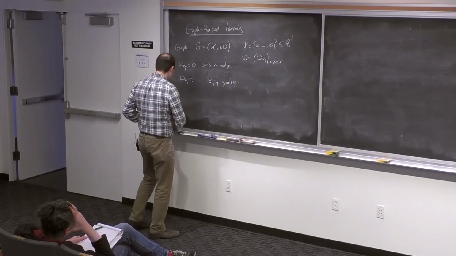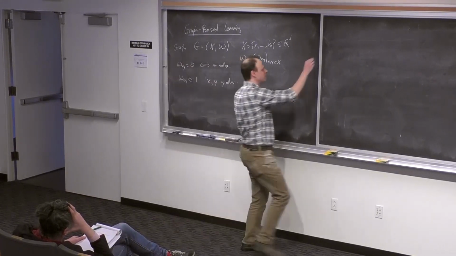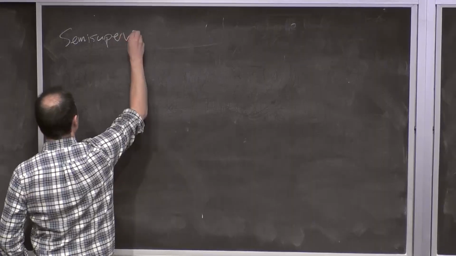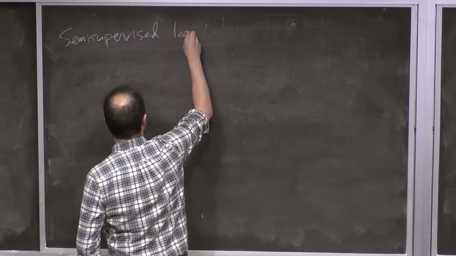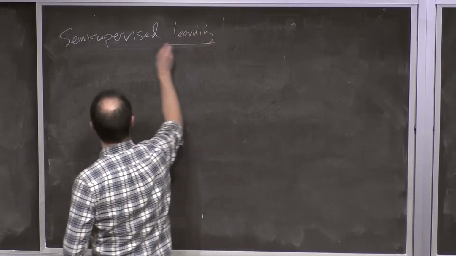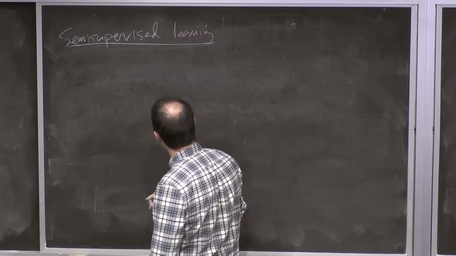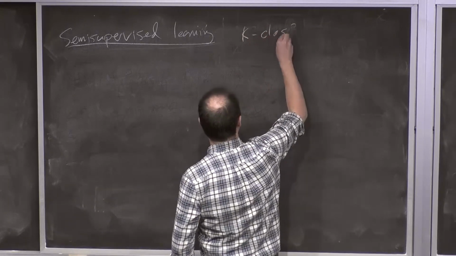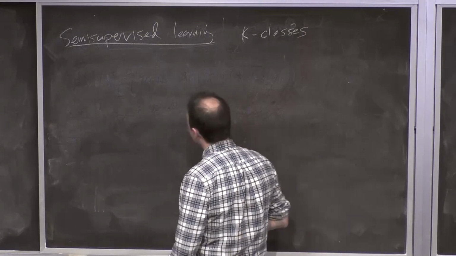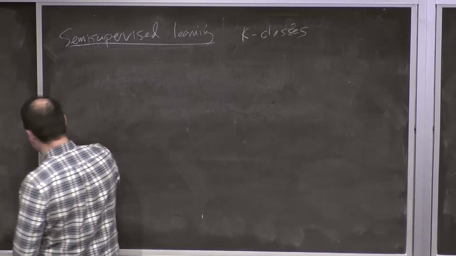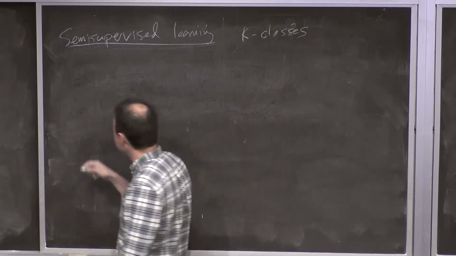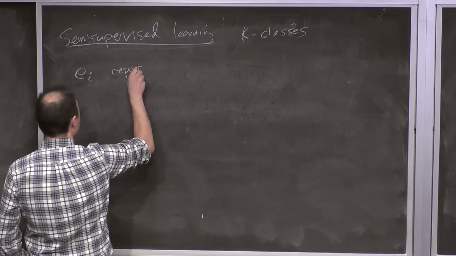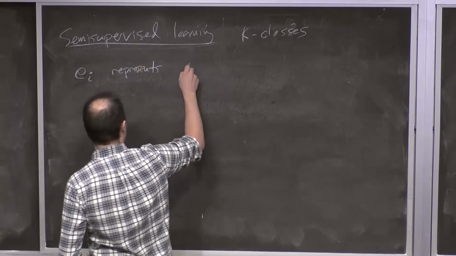So the semi-supervised learning problem. Okay, so here you have, say, k different classes. And these are represented by the standard basis vectors E1 through Ek. So the basis vector Ei represents the ith class.